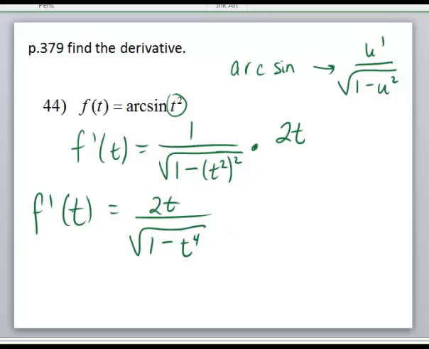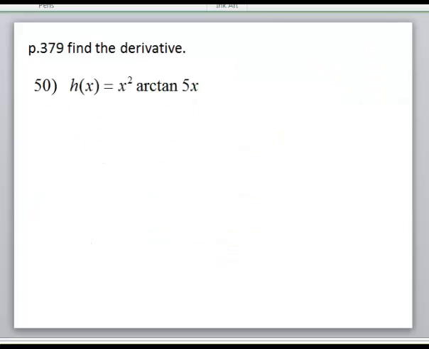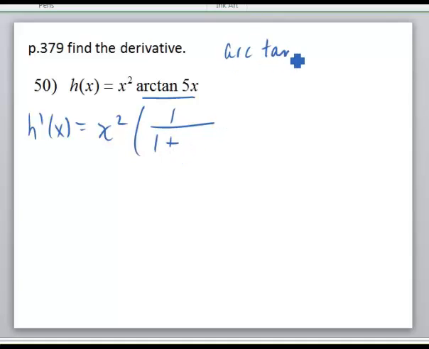Let's try another one. This one has a product rule in it, so I will do product rule. So I'll have first times derivative of second. This is arc tangent. Arc tangent is 1 over 1 plus, let me write that up there for you so you remember what it said on the other side. It said u prime over 1 plus u squared.